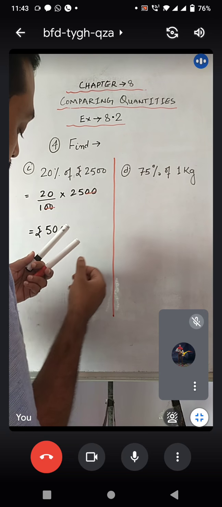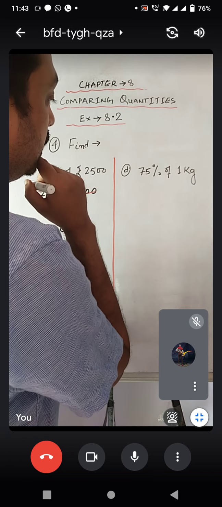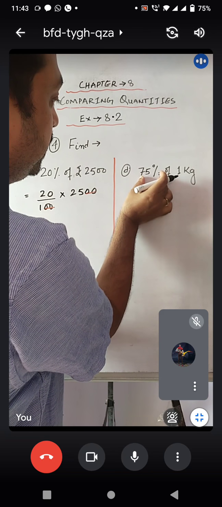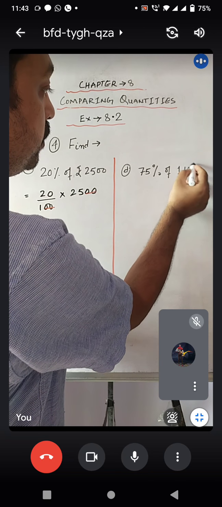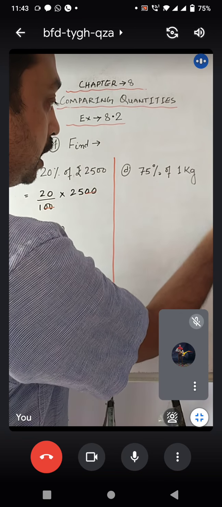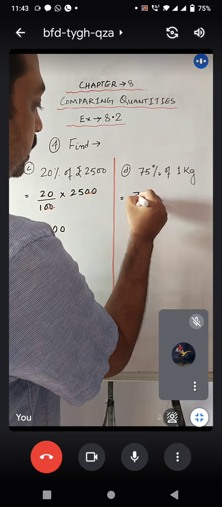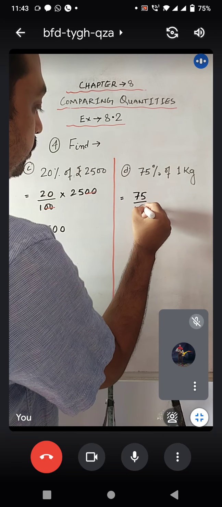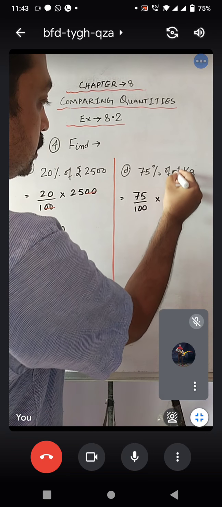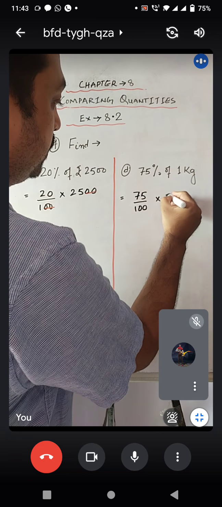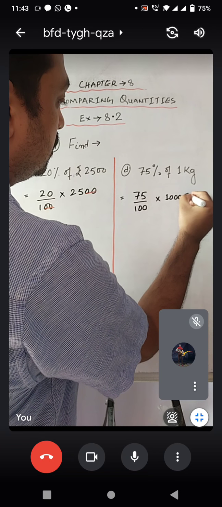Now let's move on to sum number D. Now what we have in sum number D, 75% of 1 kg. So we have to convert this 1 kg into gram form. So on the next line, in place of 75% we will write 75 by 100. In place of of we will write into, and 1 kg means 1000 grams.